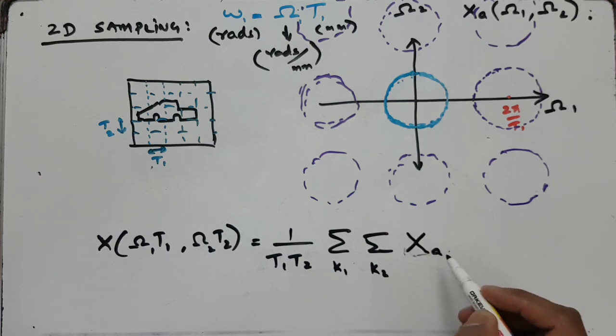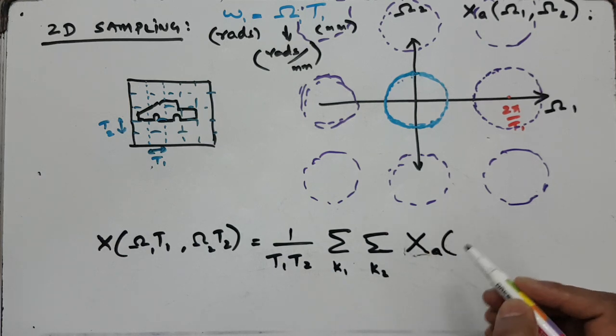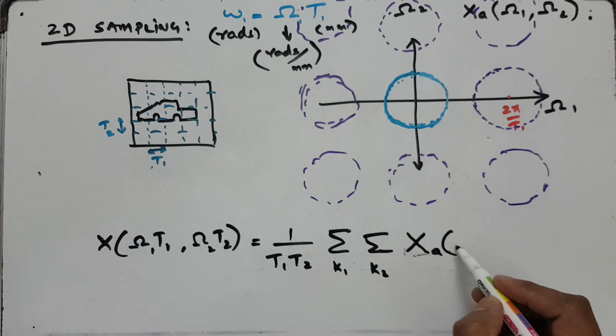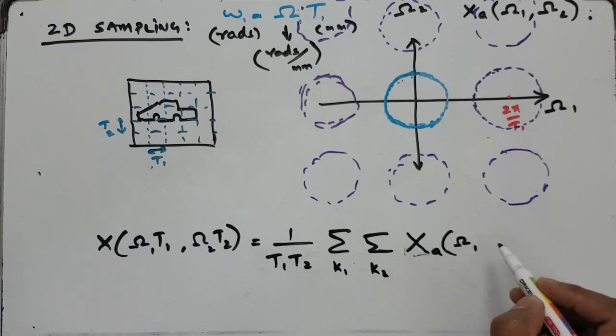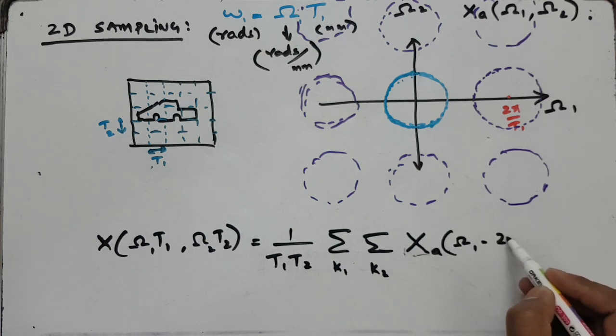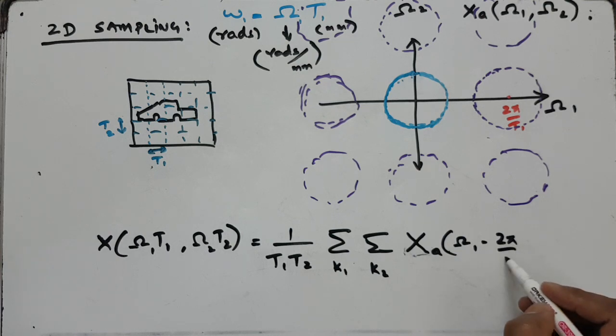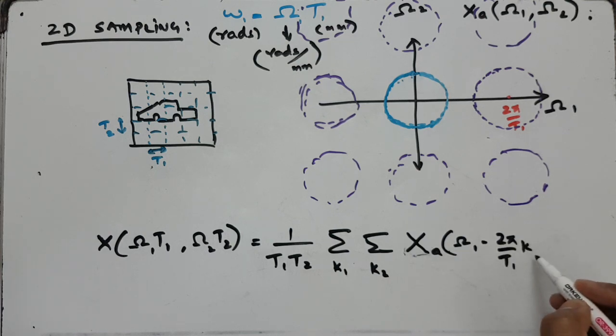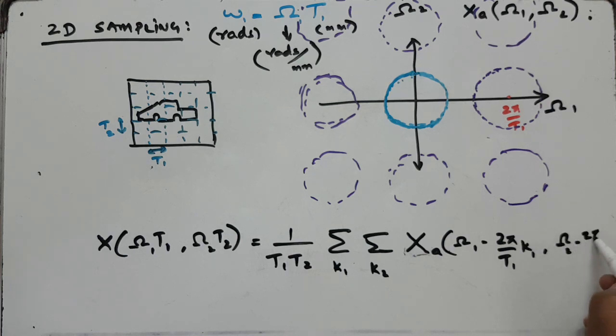I'll tell you what it is. Repeated after every 2 pi by T1. So this is omega 1 minus 2 pi over T1 k1, and omega 2 minus 2 pi over T2 k2.